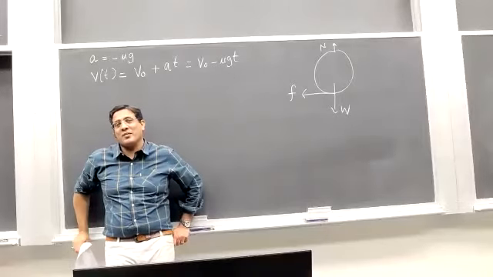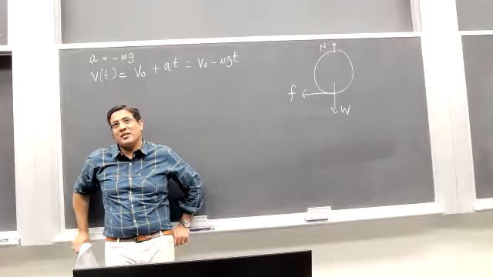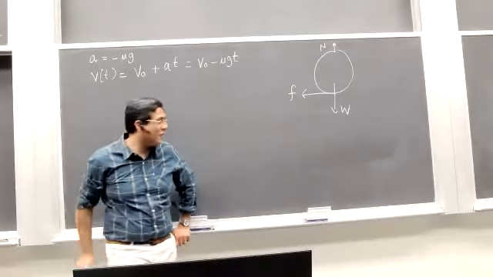Sir, weight and normal force cancel out नहीं हो जाएगा since there is no मतलब vertical acceleration. Now you can't cancel forces while calculating torque. Be careful with that. Let me give you an example.